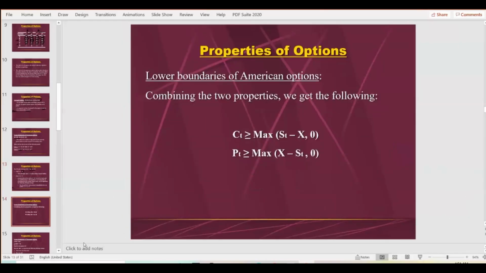So now, by combining the two properties together, when I talked about the lower boundaries of the American options, we can combine them to get to the following. The American call option value is always greater than or equal to the maximum of ST minus X, this is when the option is in the money, and 0, this is when the option is at or out of the money.